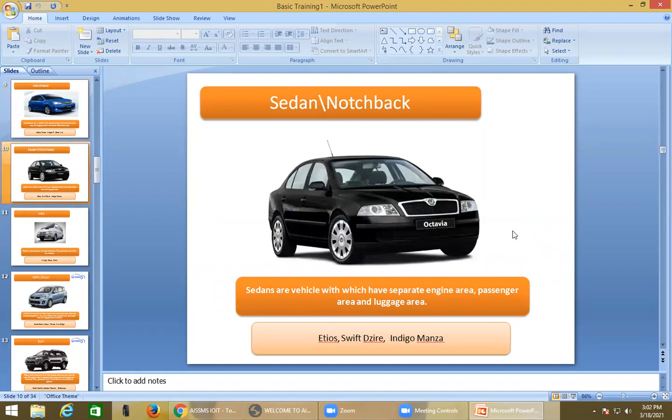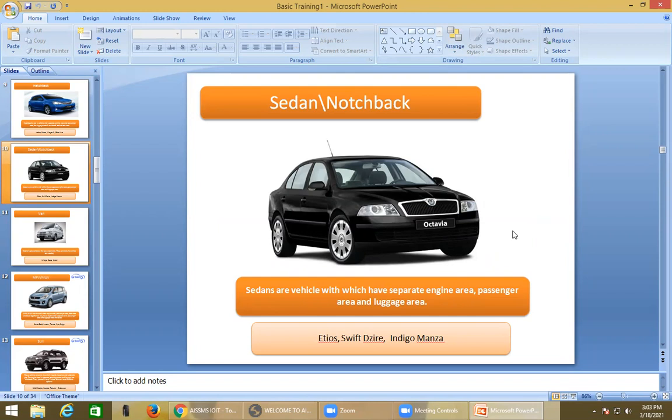Then a sedan or the notchback vehicle. Sedans are vehicles which have a separate engine area, passenger area, and luggage area. Examples of such vehicles are the Ethos, Swift Desire, Indigo, Mazda, etc. So sedan is nothing but the vehicle which has a separate engine area.